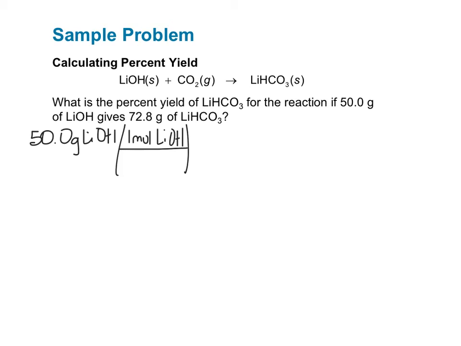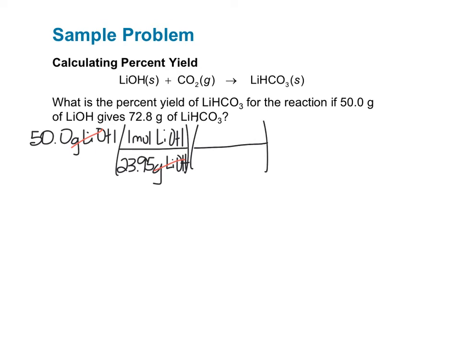And the molar mass of lithium hydroxide is 23.95 grams. 1 lithium, 1 oxygen, 1 hydrogen. Grams of lithium hydroxide cancel, so that's our first step. Now I have moles of lithium hydroxide.